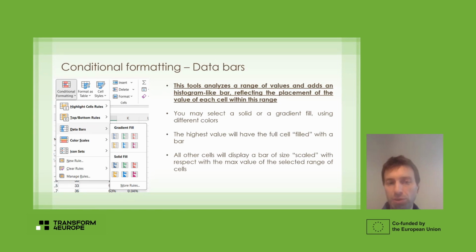By default, the cell with the highest value will be fully filled. So the entire cell will be filled with the color bar, and all the other cells will have a fill that is scaled with respect to this max value. So depending on the range of values, you will have a different fill.